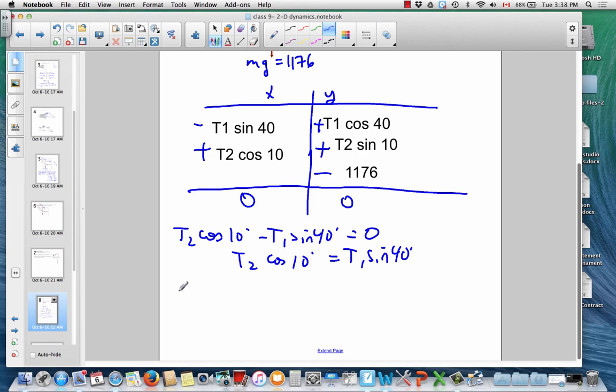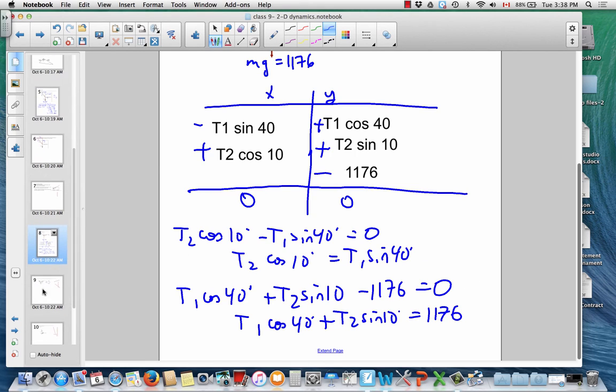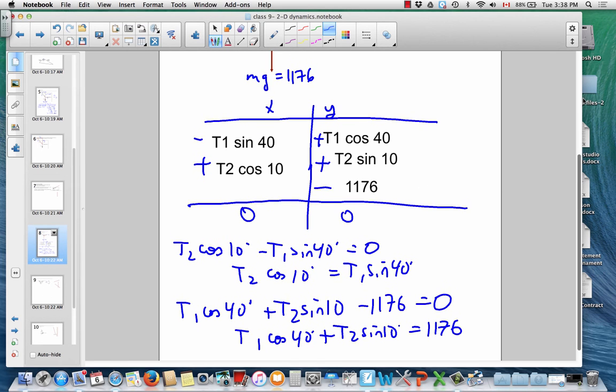In the y direction, T1 cos 40 plus T2 sine 10 minus 1176 has to be 0. Or another way of putting it is the two upwards ones have to equal the downwards one. And the diagram was drawn to scale to illustrate that.